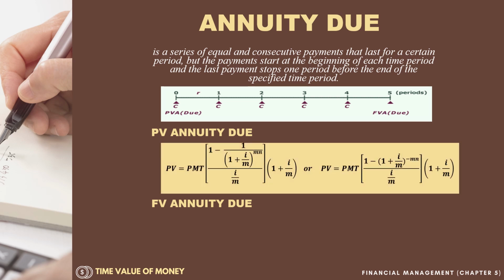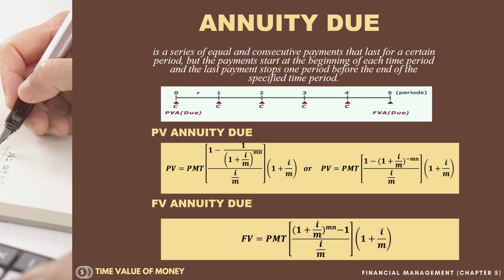Now for the equation, that is just similar to the ordinary annuity. The difference is that we multiply the original equation by 1 plus I over M, okay, at the end part. Okay, so just the same with the future value, multiply 1 plus I over M on the end part.